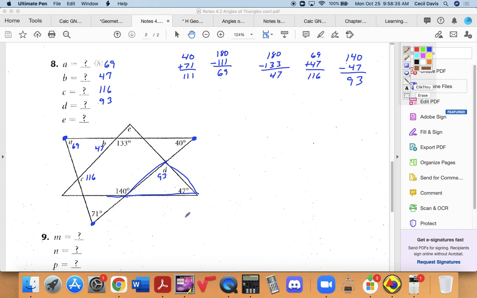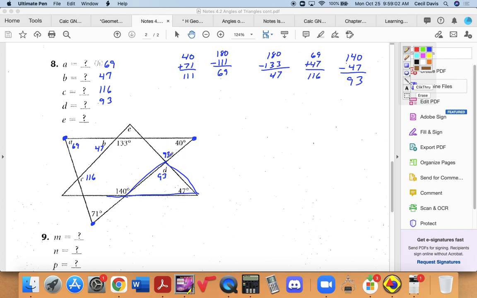Now, for finding angle E, you're going to have to find some other stuff first. I don't see any quick and easy way to find E. So, since we're already over here close to it, if this angle is 93, how much is this angle? 93. What kind of angles are those? Vertical angles. Those are not going to go away.